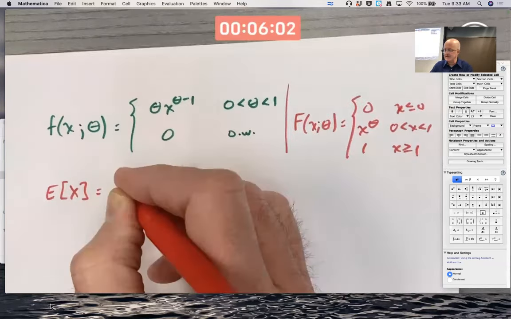Ln of a product there is also still the sum of the logs. And when I take the log of the second factor in that product, another property of logs allows me to bring the theta minus 1 in front, right? Theta minus 1 ln of xi.